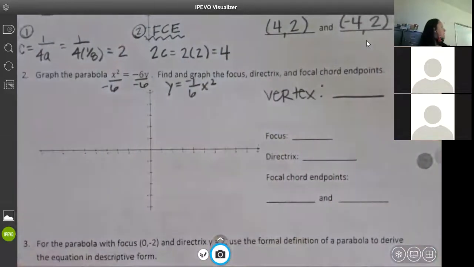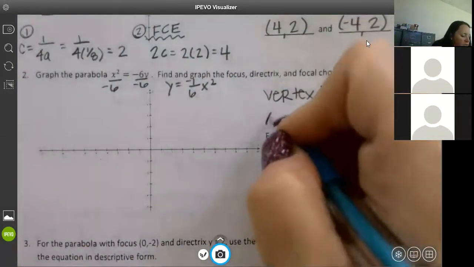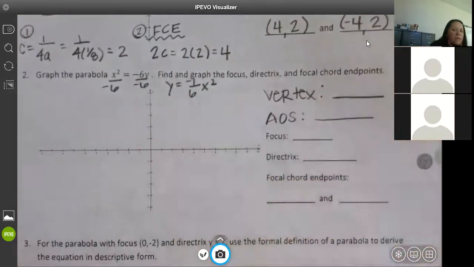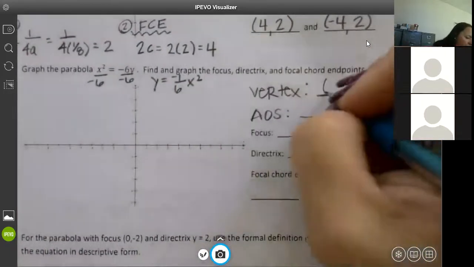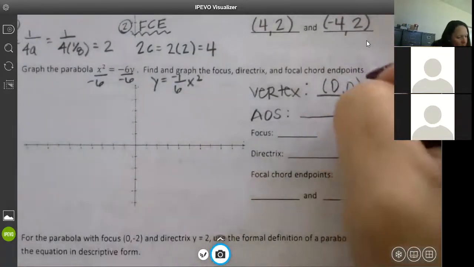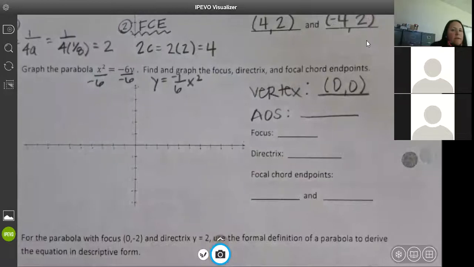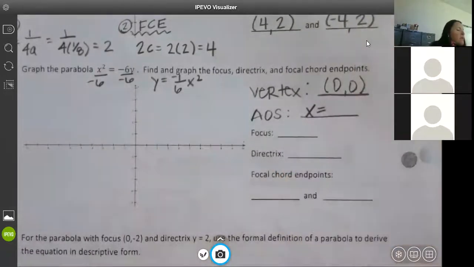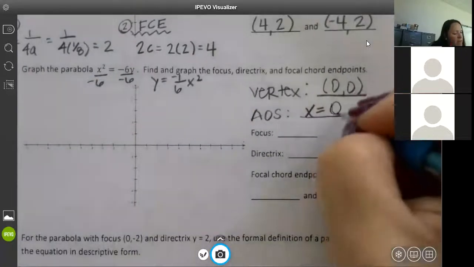You don't have to put the zeros in there. I don't need to see that. Just to review your vertex and your axis of symmetry. What is your vertex on this one? 0, 0. We don't have anything with x and nothing with y. Since it's a y equals, our axis of symmetry is going to be x equals and whatever your vertex is. 0.